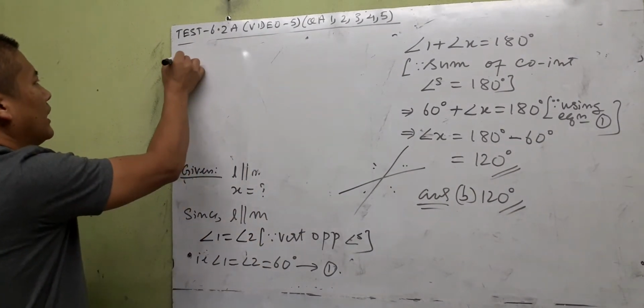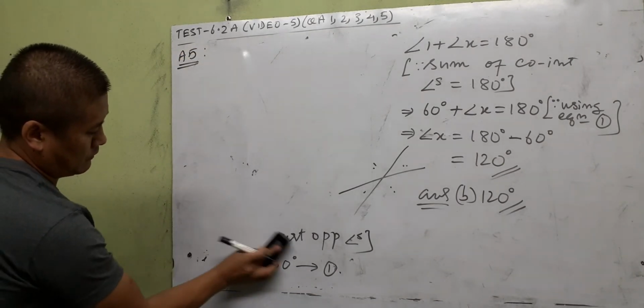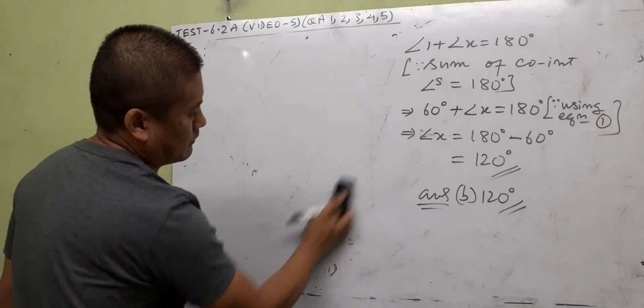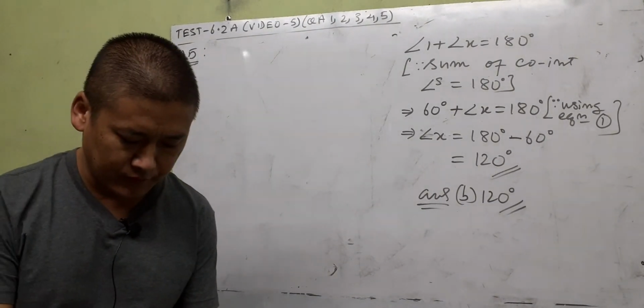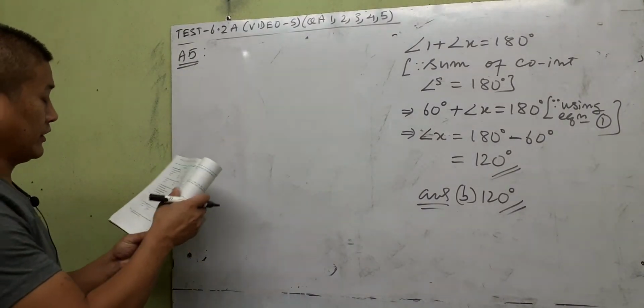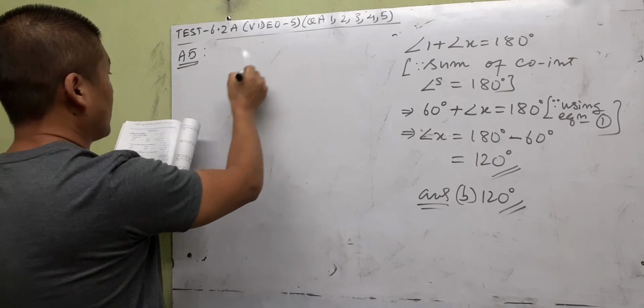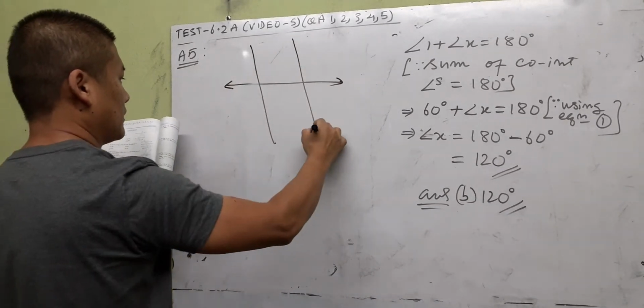Next, the last question, A5. You read the question. In the figure, P parallel to Q, then angle 1 plus angle 2 must be how much? So let us write down. Line is there. Like this, like this.